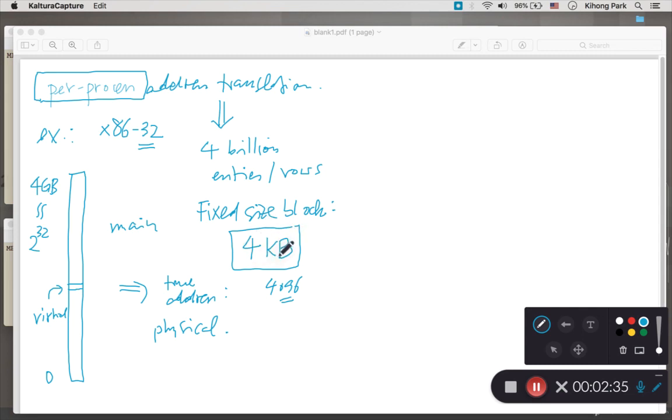And when we do so, obviously the gain is that this table now can shrink, since this 4 gigabyte space is now being referenced in a much more coarse granular way of addressing memory. So we divide this by 4 kilobytes, which gives us roughly 1 million entries.